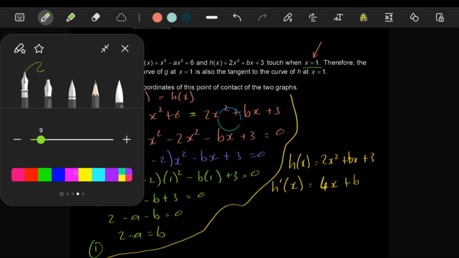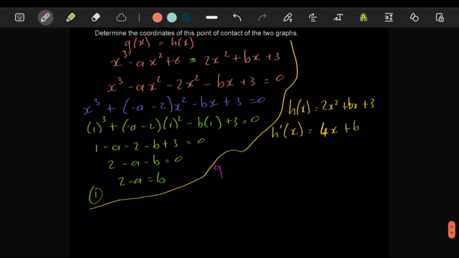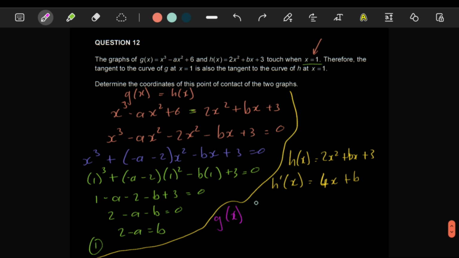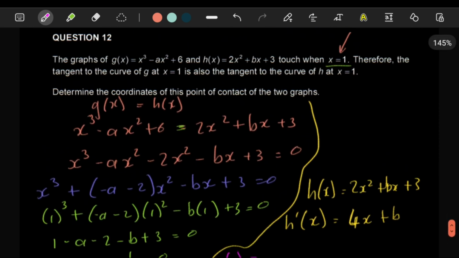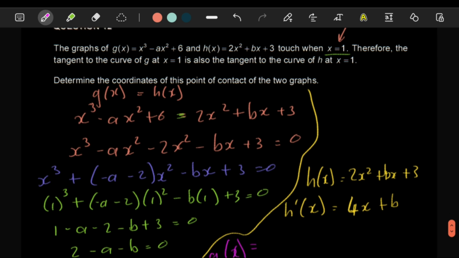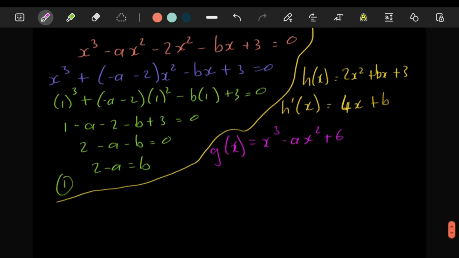However, the point where this curve meets the tangent is also a point where the other curve meets the tangent as well. So our cubic function, its gradient equation, let's see what it's going to be. This is the original cubic function: ax cubed minus ax squared plus 6.